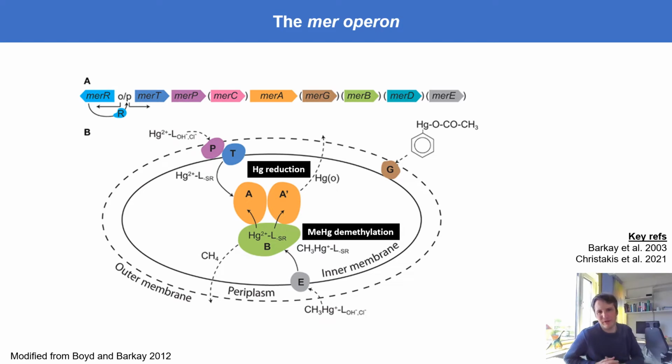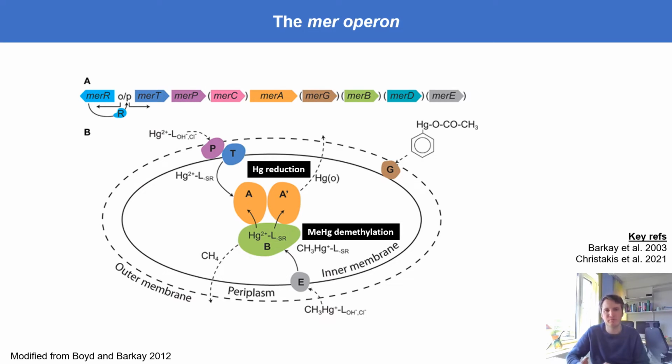Now I will talk about the mer operon. It's an operon of genes that allow two main processes: methylmercury demethylation and mercury reduction. As I said before, some microbes possess both genes, and some have just one of them.